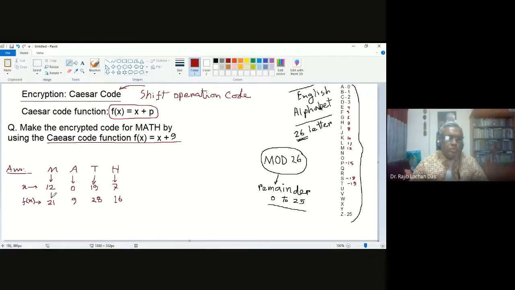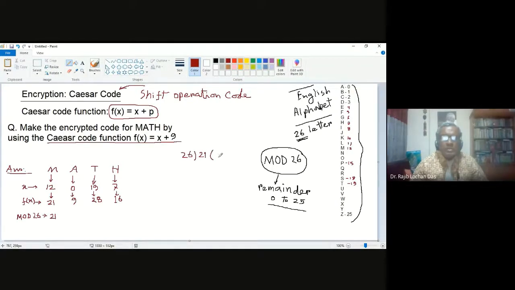So what you see, you have all the numbers here, and all, except one, are below 26. If it is below 26, there will be no change, because 21 mod 26 is 21.